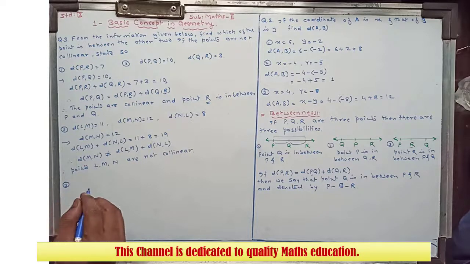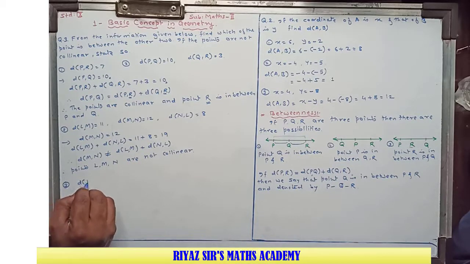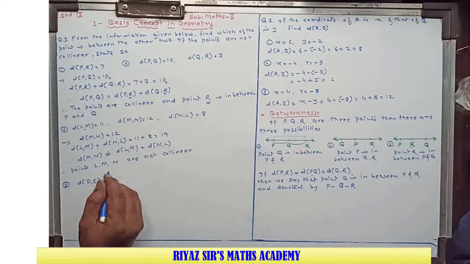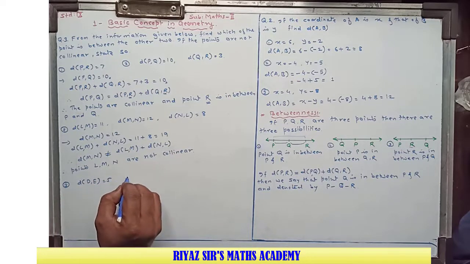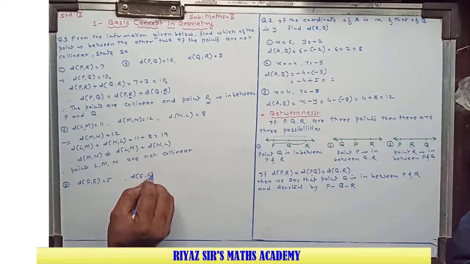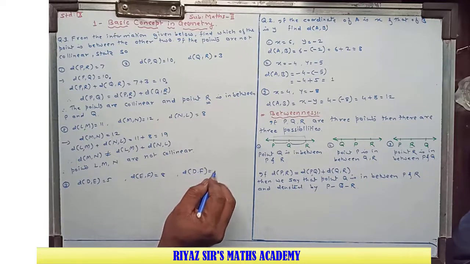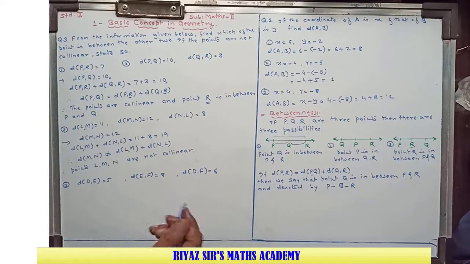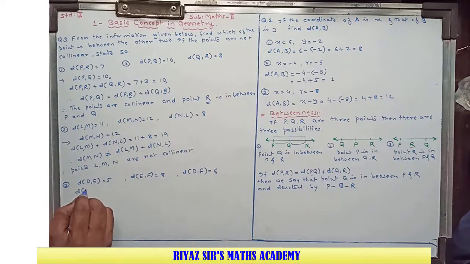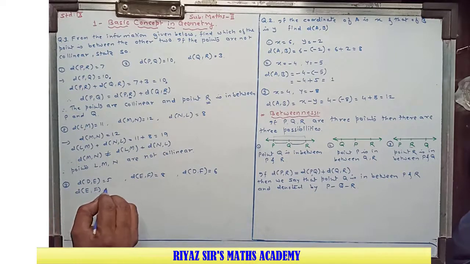Now the last one is distance DE is equal to 5, second, distance EF is equal to 8, and third, distance DF is equal to 6. So here the greater distance is distance EF, so distance EF is equal to 8.